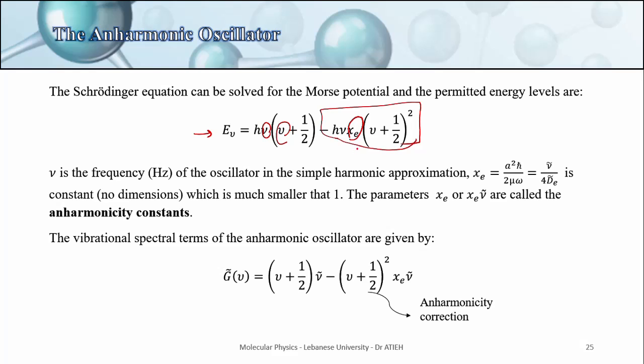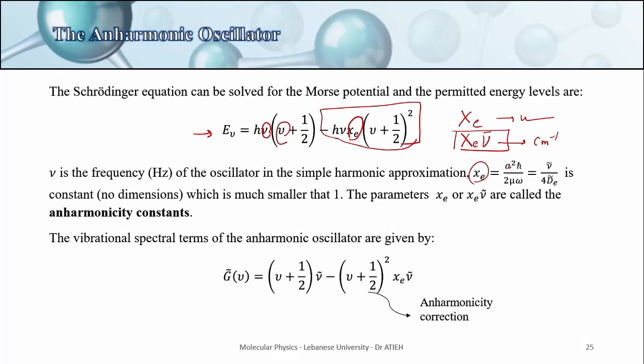Xe is called the anharmonicity constant. It's unitless. And sometimes we give xe times nu bar, where nu bar is the vibrational wave number, as the anharmonicity constant. This one has a unit of centimeter minus 1. This one is unitless.